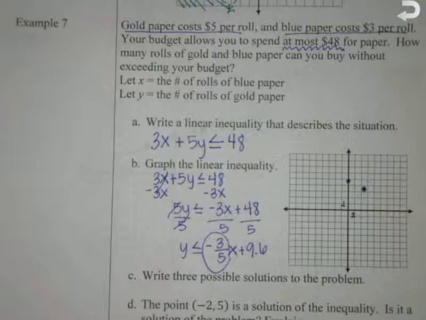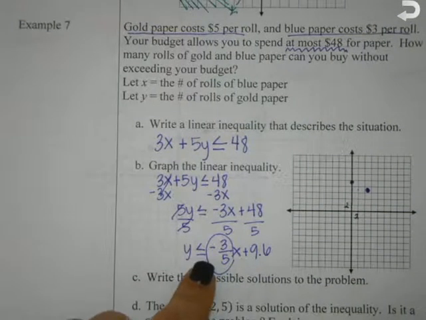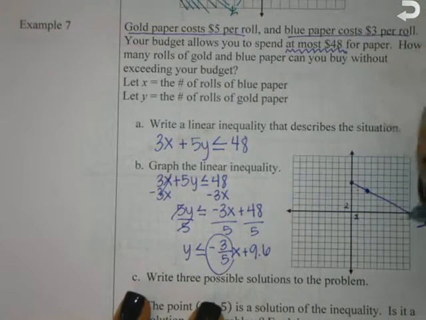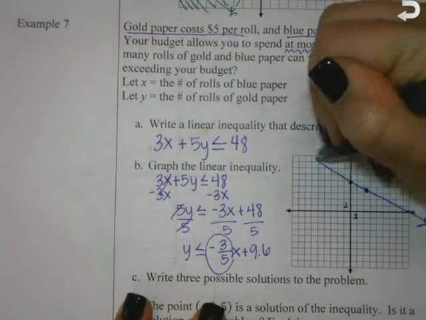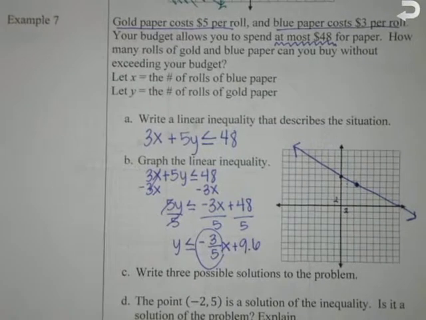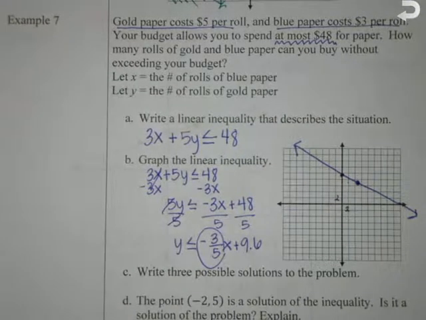Is this a solid line or a dashed line? Solid, so draw a solid line. And then let's use a little bit of logic. Do you think we're going to shade below the solid line, or above the solid line? Below. Why do you think below? Yeah, because we have to spend less than that amount, right? So let's check it anyway. I'm going to plug in 0, 0.